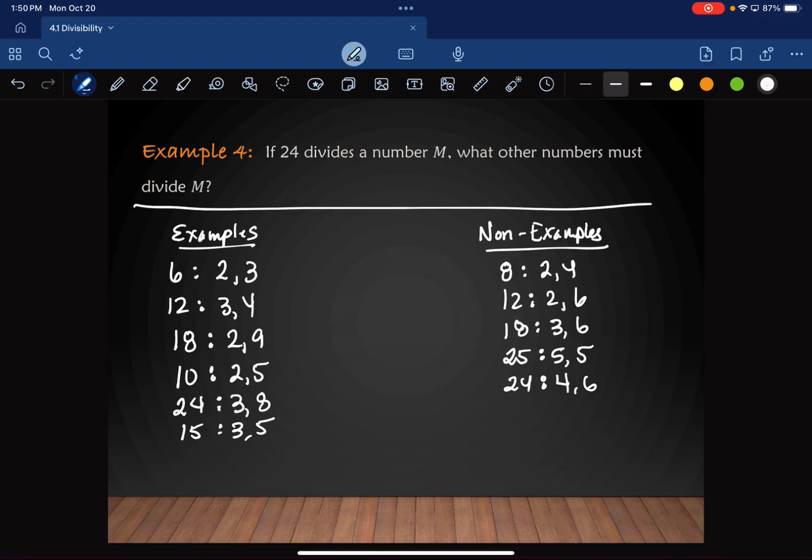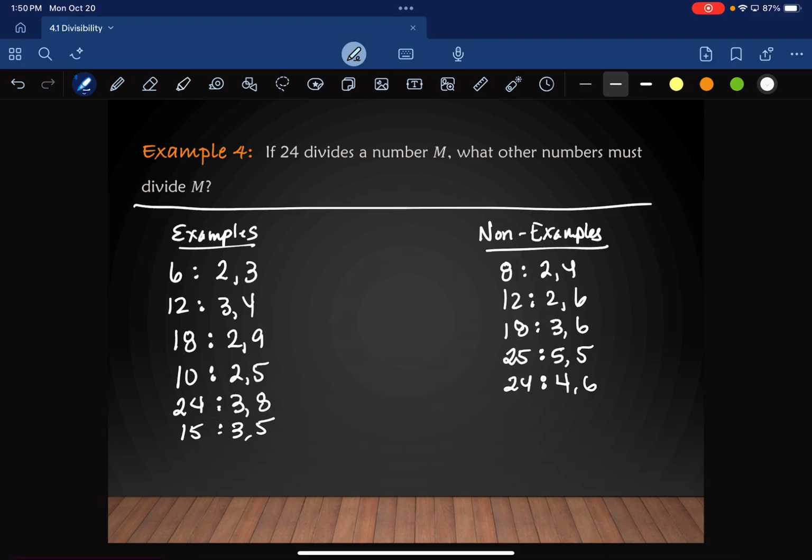But look at the list that's in the examples. Doesn't happen, right? Every single one of those pairs, 2 and 3, 3 and 4, 2 and 9, 2 and 5, 3 and 8, 3 and 5. When you take that pair of numbers, the biggest number that divides both of them is 1. And that's exactly why it works.